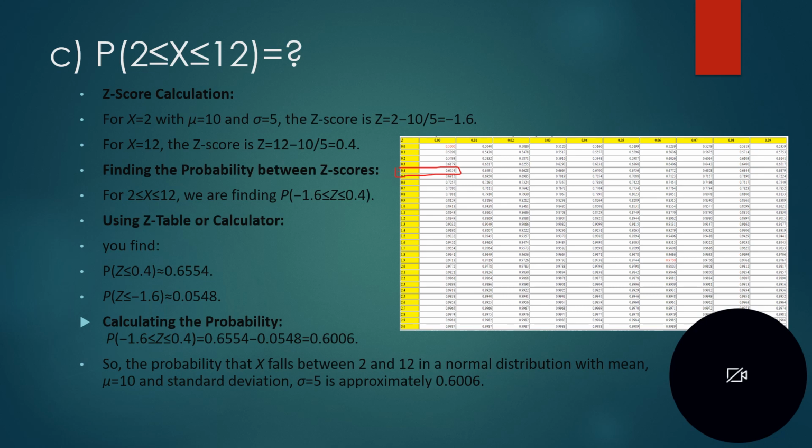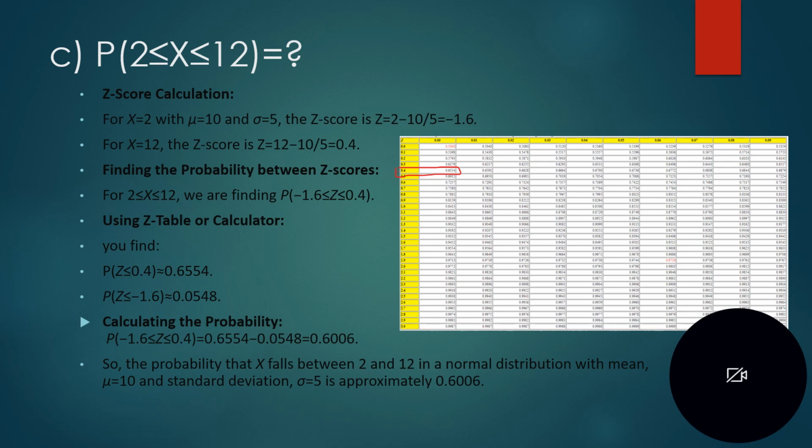So, finding the probability between z-scores, the probability P of A less than or equal to x and x less than or equal to B is equivalent to minus 1.6 less than or equal to z, and z less than or equal to 0.4.